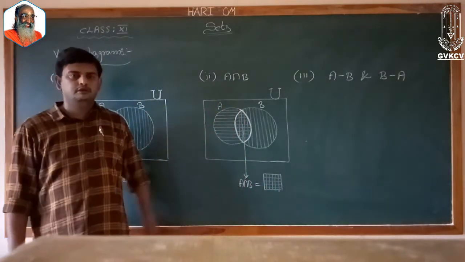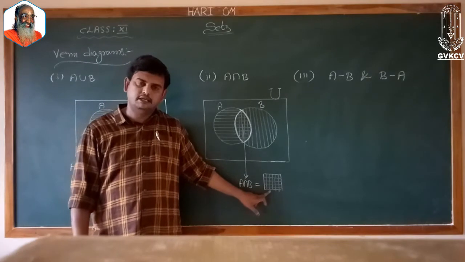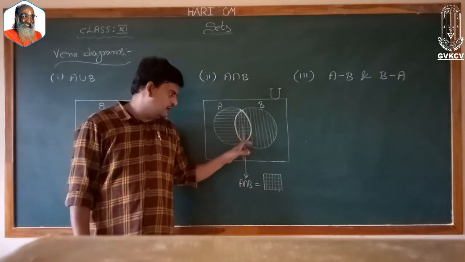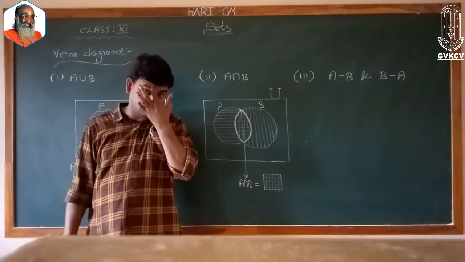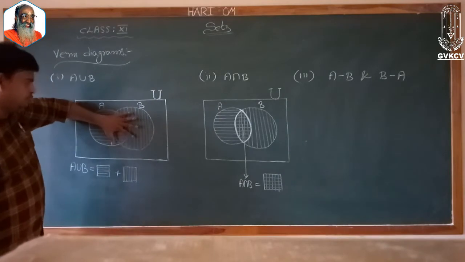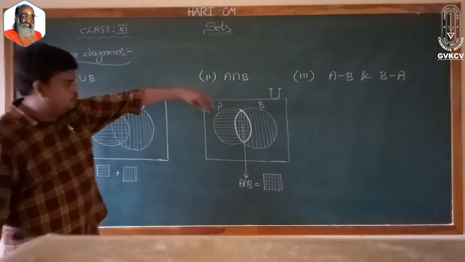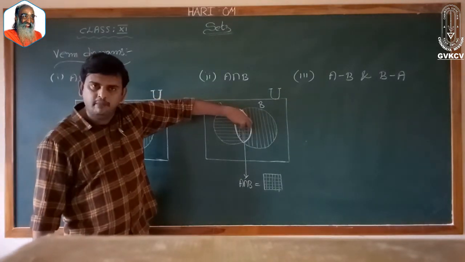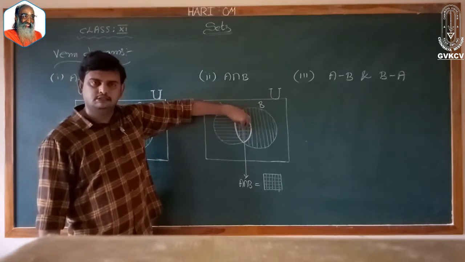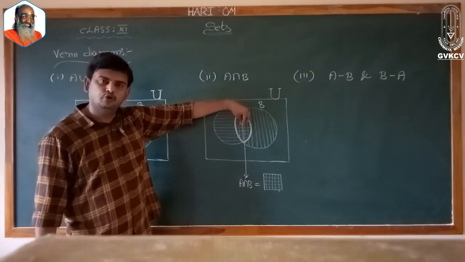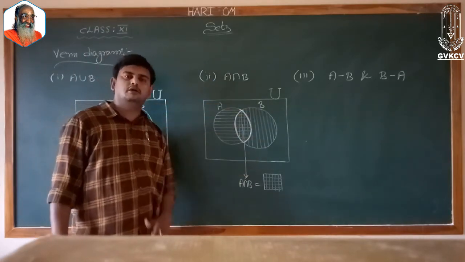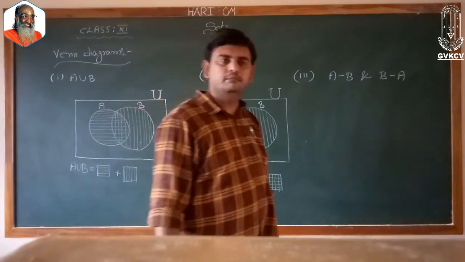This entire portion is A union B. Only the common part where we have the boxes, meaning both horizontal and vertical lines together, that area is called A intersection B.